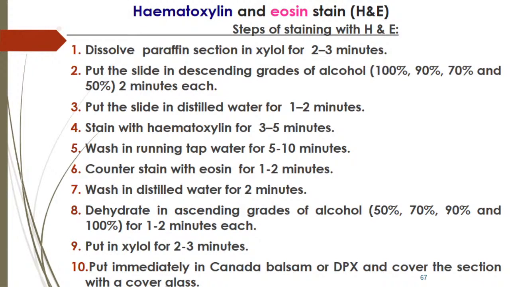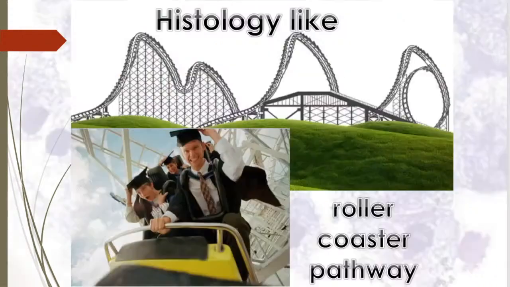And this is the mounting of slides. I congratulate you that you have studied this moment and will have joy during the histology roller coaster pathway of ascending and descending investigations for the slides. You can visit our laboratory for experimental histology.